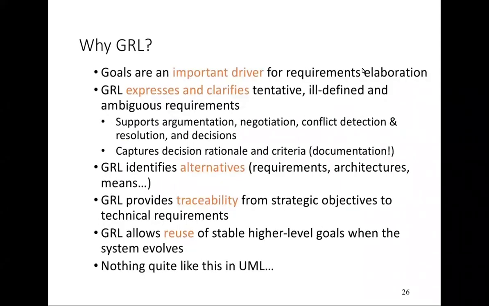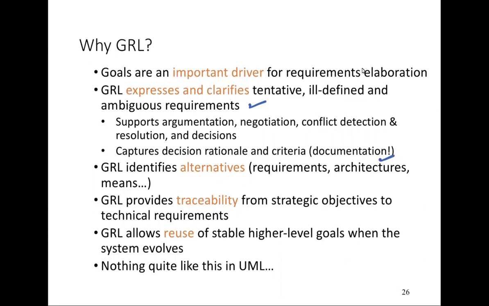Why do we need GRL? Because goals are an important driver for requirement elaboration. GRL expresses and clarifies tentative, ill-defined, and even ambiguous requirements. It also supports negotiation, conflict detection, resolution, and decisions, and it even captures decision rationale and criteria related to such rationale, which will be later documented.